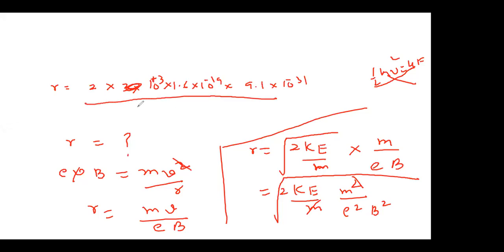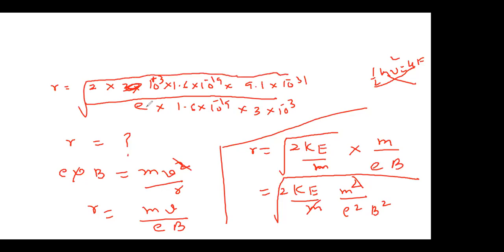E square, I am writing E under 1.6 into 10 raised to minus 19. दूसरा E, B square is given as how many milli? 3 milli. So 3 into 10 raised to minus 3 Tesla, all are in SI units.